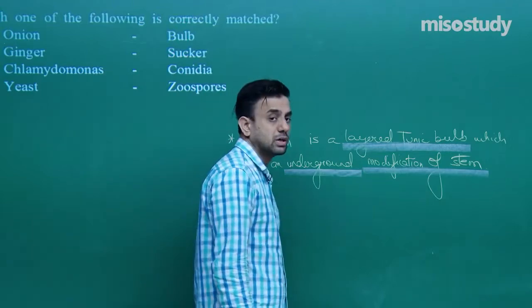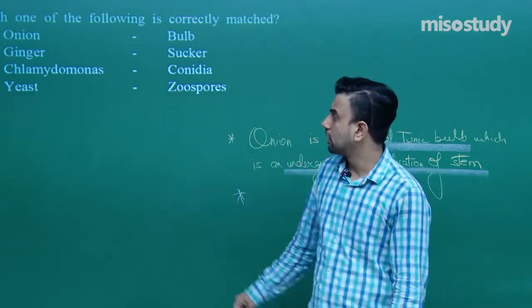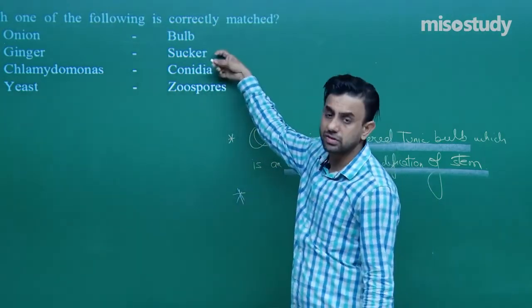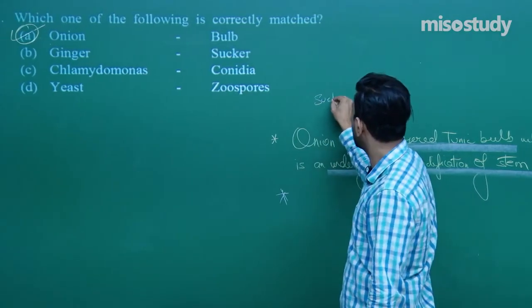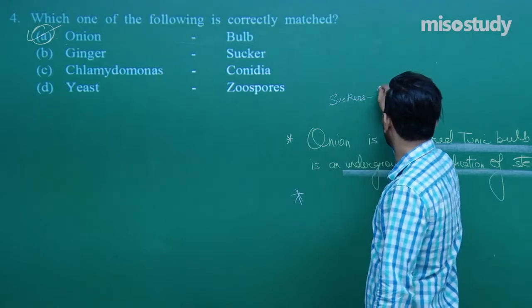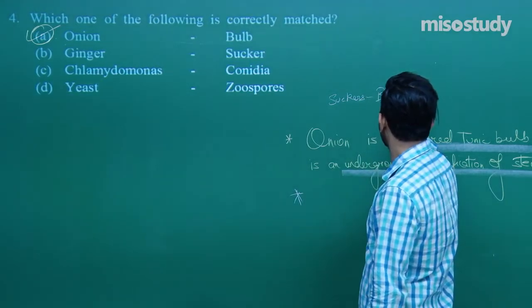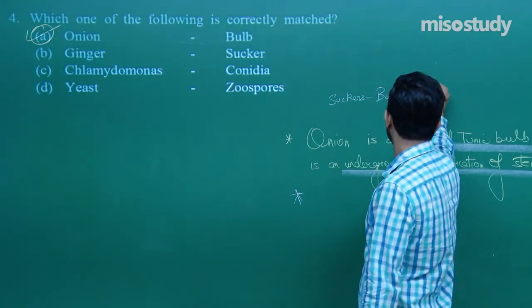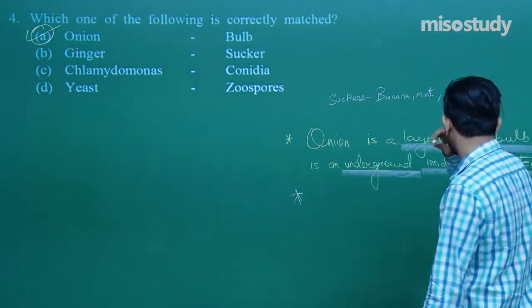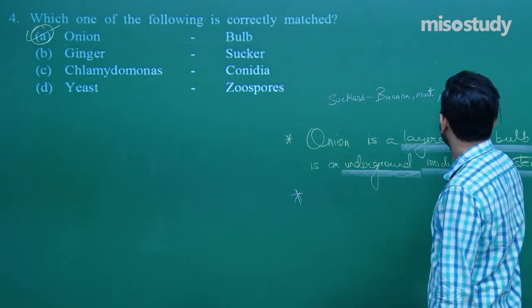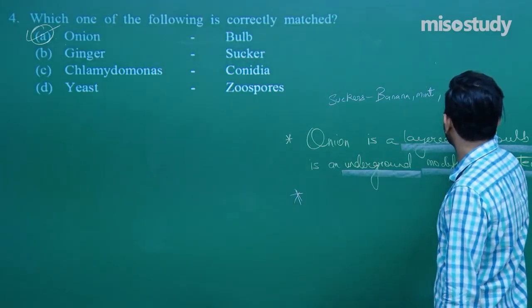And what do we see here? Ginger, sucker. These suckers can be banana, chrysanthemum, mint, and these are subaerial modifications.